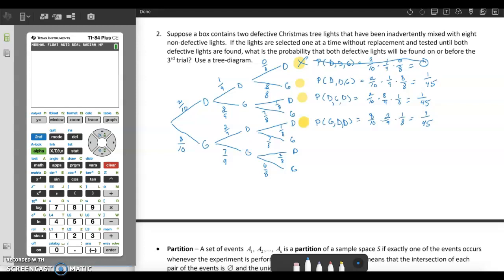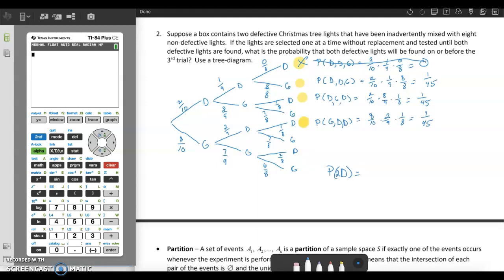So the probability of choosing both defectives, so I'll call that 2 Ds, by the 3rd draw is whatever we get when we add all of those probabilities together, because those are all the ones that apply to this particular situation, and they're all mutually exclusive.